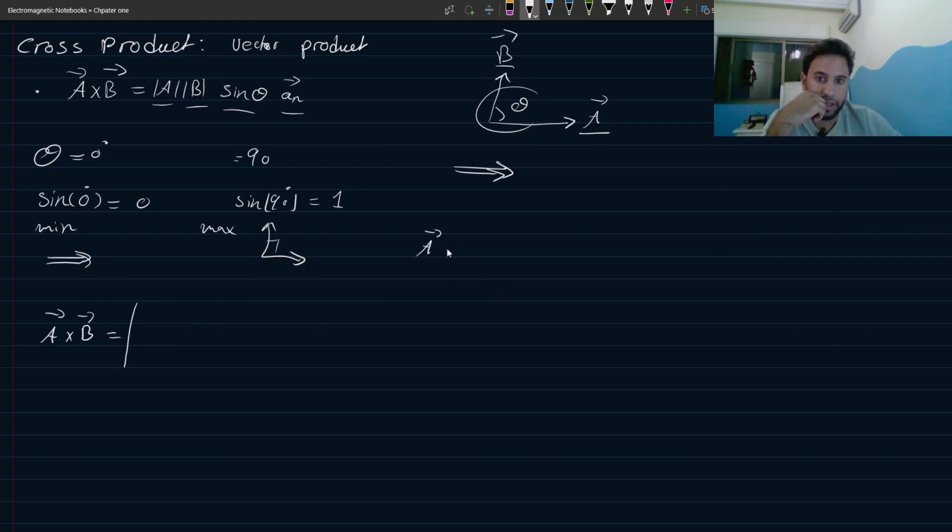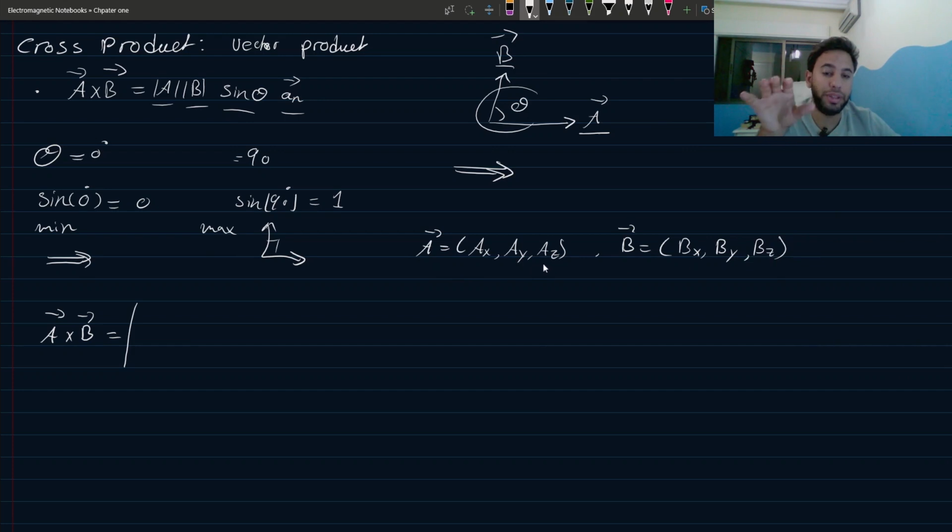Let's say vector A is in the xyz plane, or the rectangular plane, or the Cartesian plane. They are all the same plane, just different names for the same plane. So A has ax, ay component, and az component. B also has bx component, by component, and bz component.